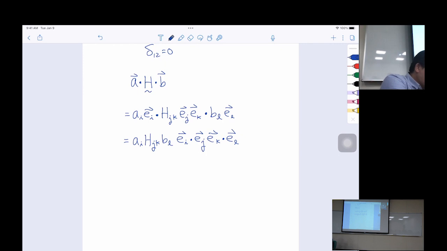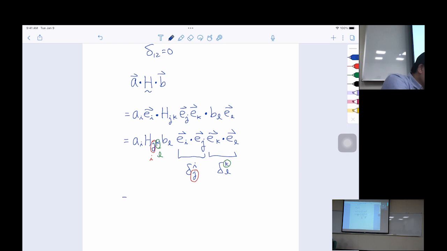And what's interesting is that this is actually Kronecker delta ij, and this is actually Kronecker delta kl. And what's going on is there's a j right here, I can swap this to i. And there's a k here, I can swap this by l.